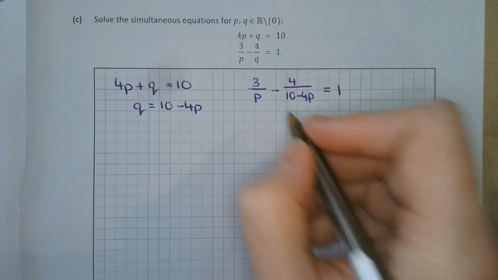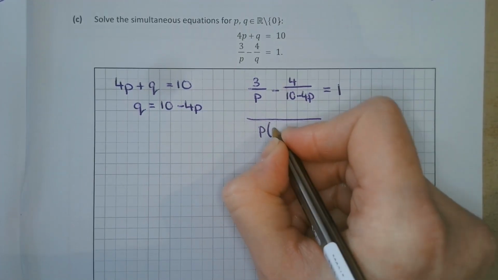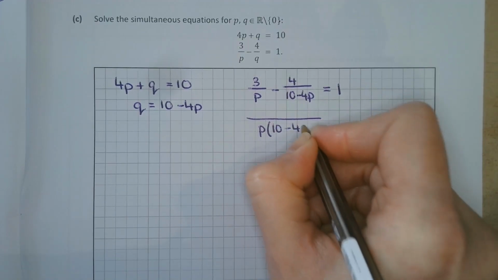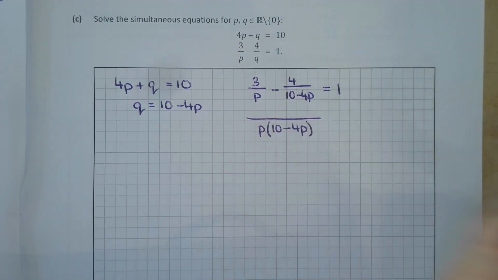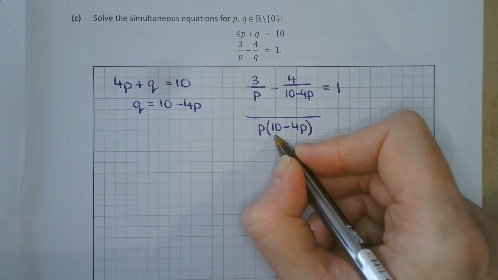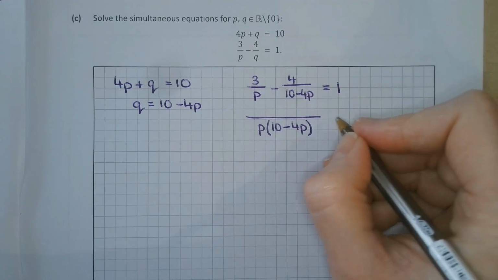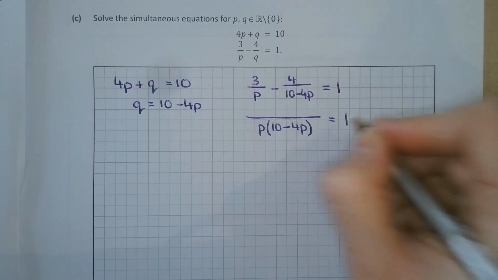Two fractions being subtracted, so let's get a common denominator. Common denominator is going to be p multiplied by 10 minus 4p, to bring these two fractions together. We're subtracting, equal to 1.